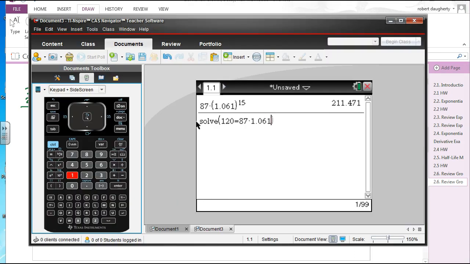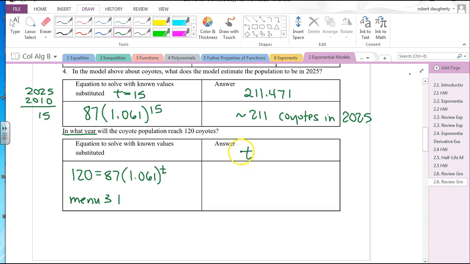Yeah, 1.061 raised to the t power, and bring the cursor down, comma, t. That means solve this equation for t. t is 5.43. But what was the question? The question was, in what year? So these are years since 2010.